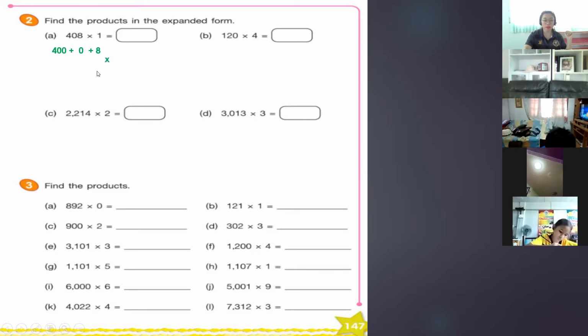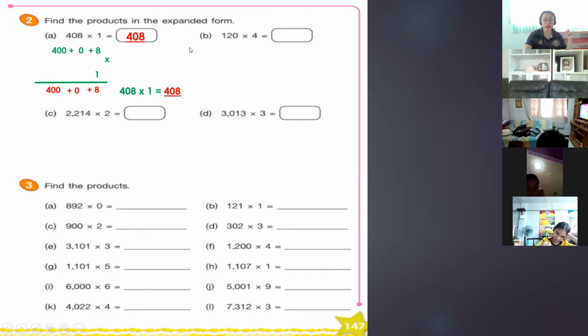Multiply by 1, starting from the ones place. 1 times 8 is 8. 1 times 0 is 0. 1 times 400 is 400. Next, we add this together to get the product. 400 plus 0 is 400. 400 plus 8 is 408. So the product of 408 times 1 is 408.